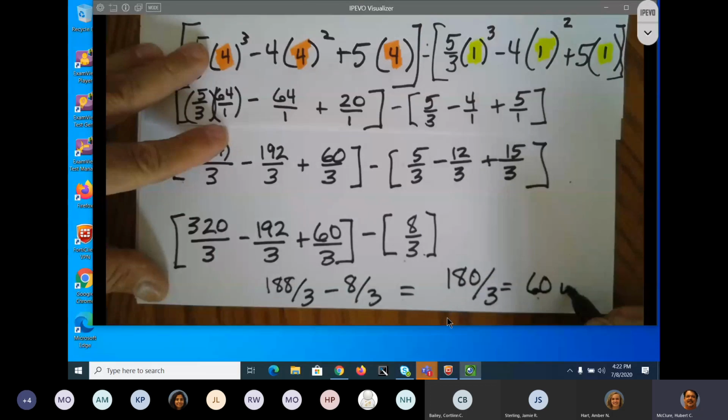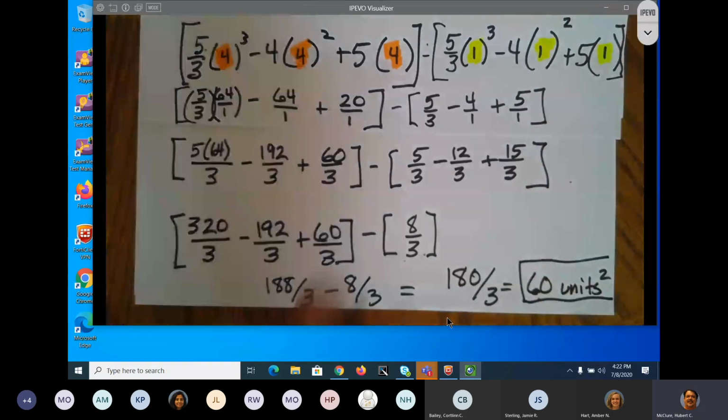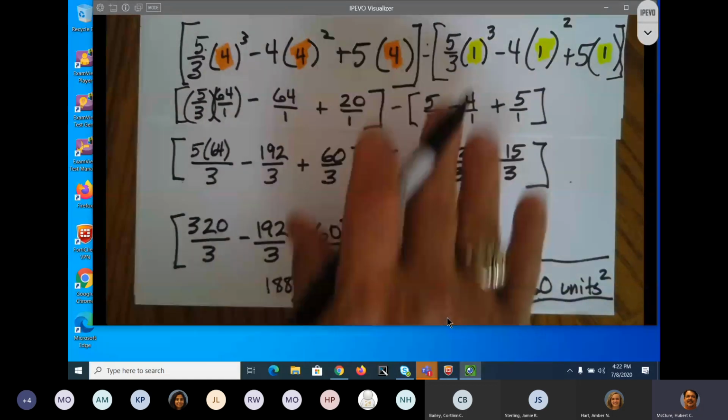Now you see why they just want you to set it up, because this is a whole page of nothing but basic math. So sometimes you're going to see them say, set up the antiderivative.